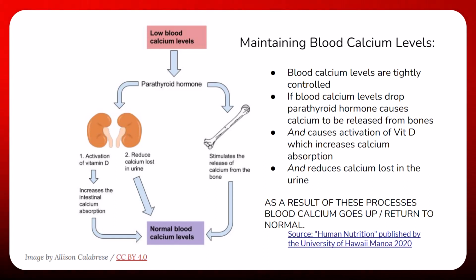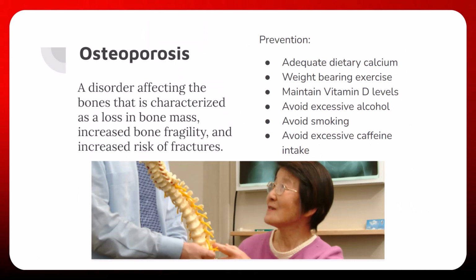As a result of these processes, blood calcium goes up or returns to normal. But you can see how not having enough calcium in the diet could definitely lead to osteoporosis in the bones, because whenever our calcium levels drop to a level that's too low, our body takes calcium out of our bones to increase blood levels. And that can lead to osteoporosis.